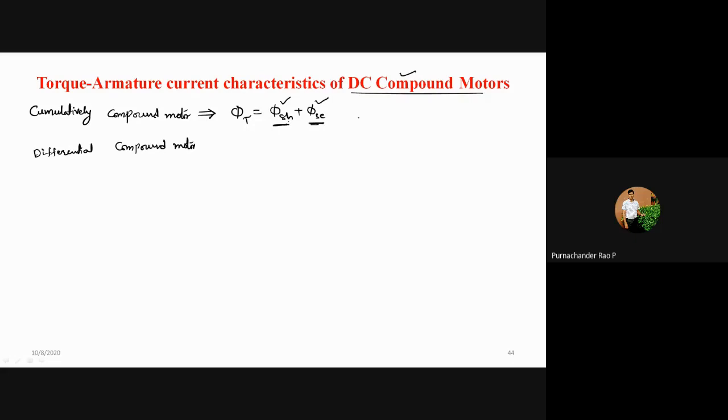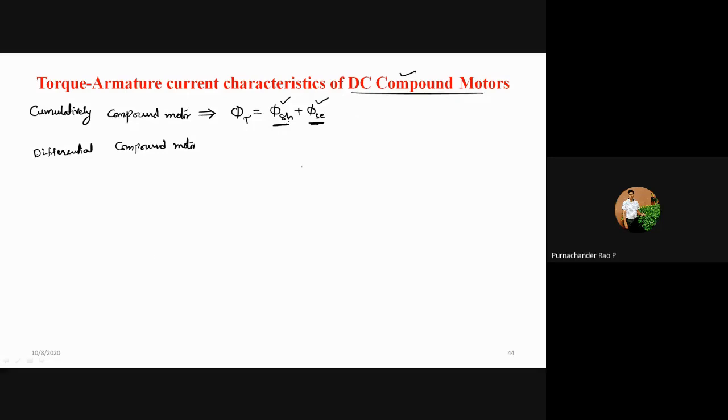Now if phi SE is constant or very small compared to phi SH, then the characteristics of your compound motor look like the characteristics of a shunt motor. And if you vary the flux in the series winding, then the characteristics look like a series motor.